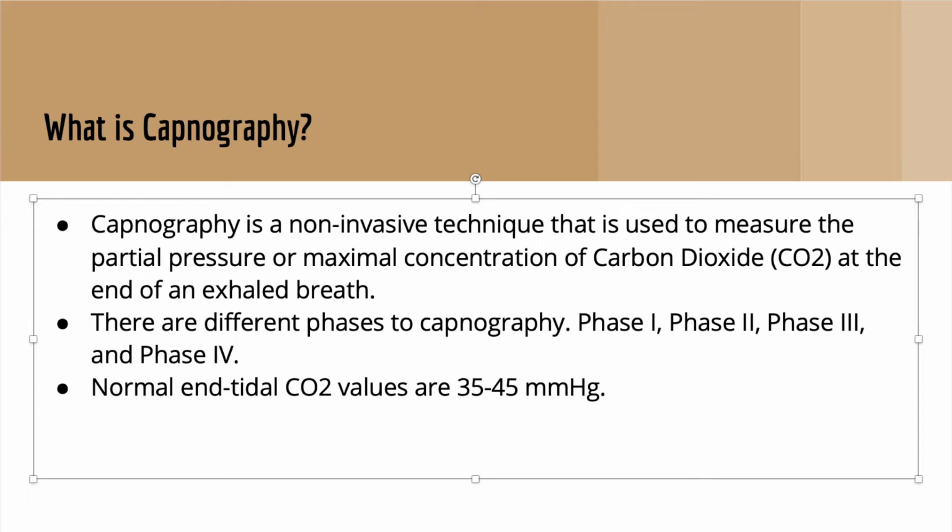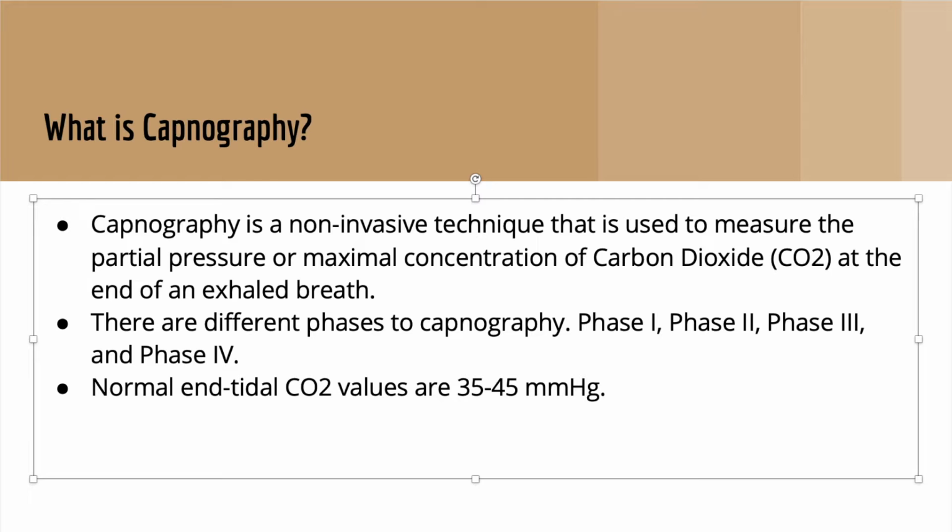What is capnography? Capnography is a non-invasive technique that we use to measure the partial pressure or maximal concentration of carbon dioxide at the end of an exhaled breath. There are a couple of different phases to capnography: phase 1, phase 2, phase 3, and phase 4.